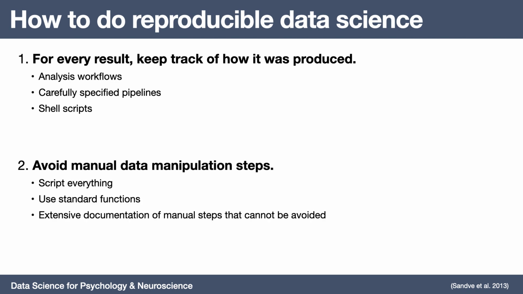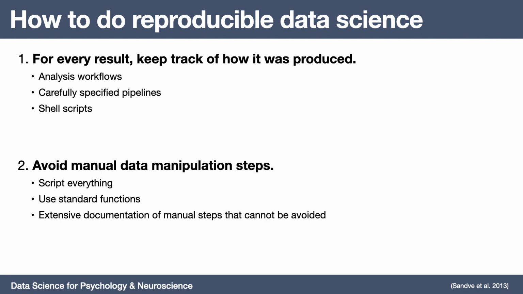Principle 2. Avoid manual data manipulation steps. Script everything. Automate everything. Use standard functions. If you can't script something, or you can't put something in an open script that you can pass along to somebody else, let's say you're using proprietary software or what have you, then you should at least have extensive documentation of the manual steps that you cannot avoid.